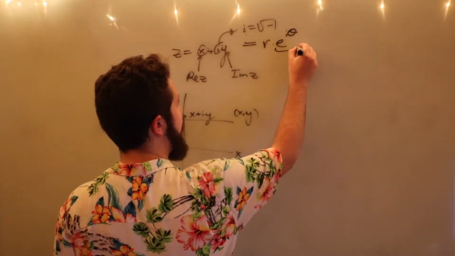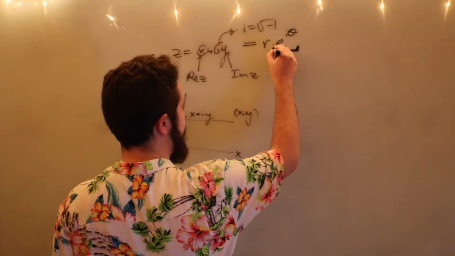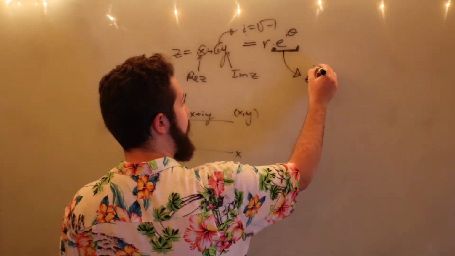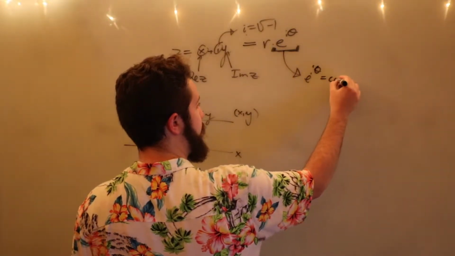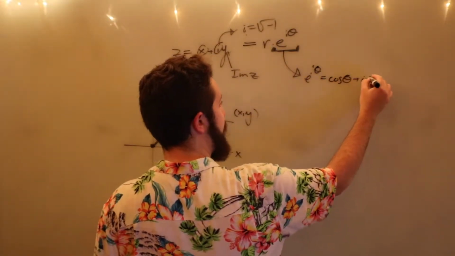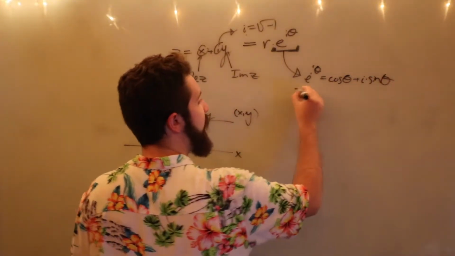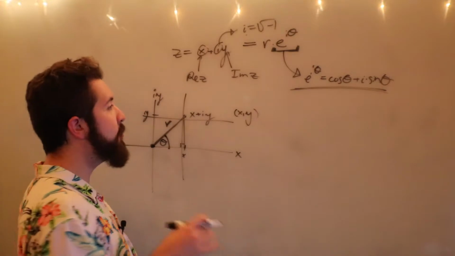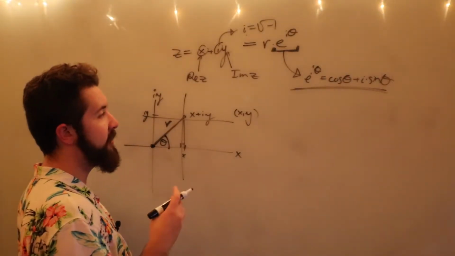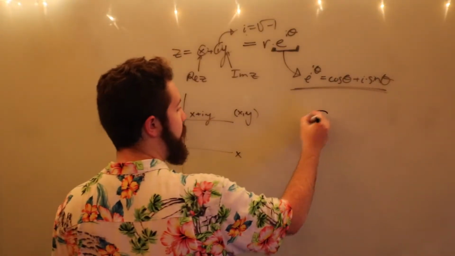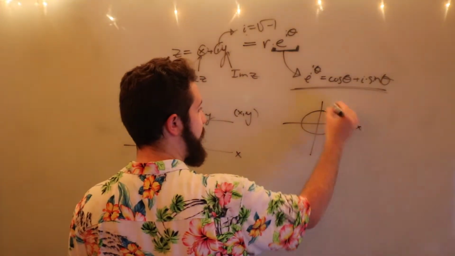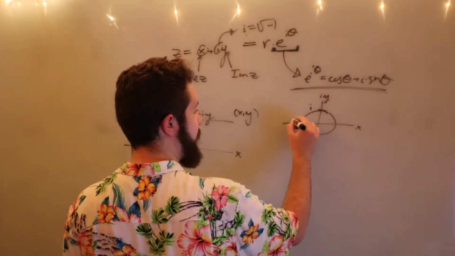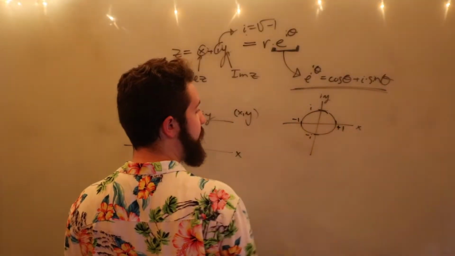Now where's this e to the i theta business coming from? Well, it comes from Euler's formula, which says e to the i theta is equal to cosine theta plus i sine theta. If you've never seen this or heard of this before, don't worry about it too much. Just realize that the unit circle in the complex plane, so x, i y, this is i, this is negative i, this is -1, this is +1, right?